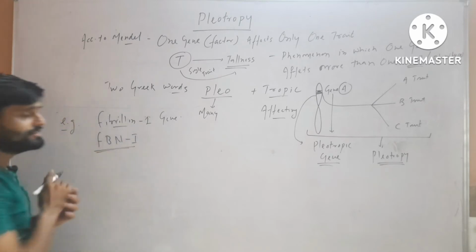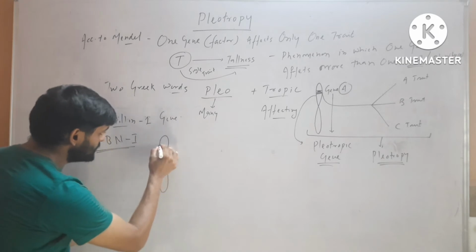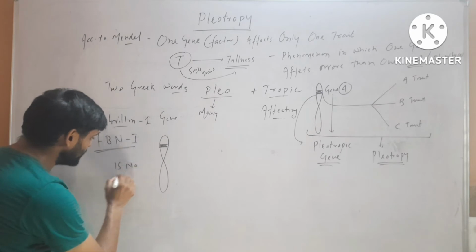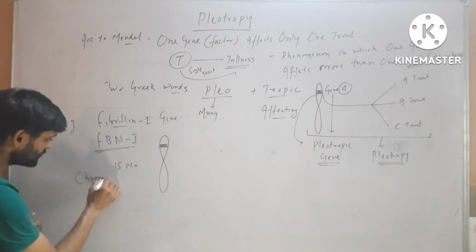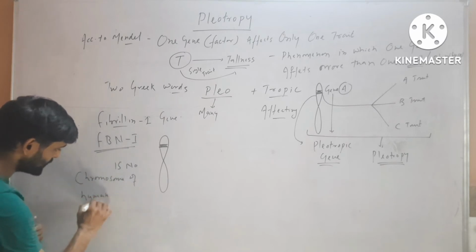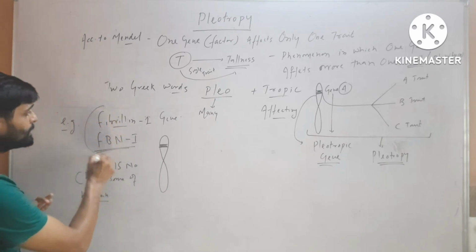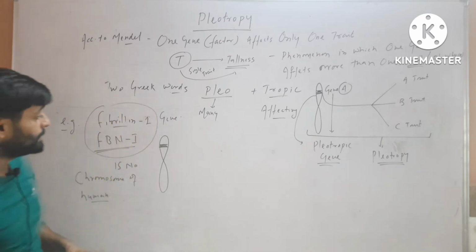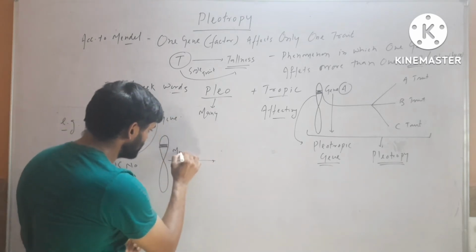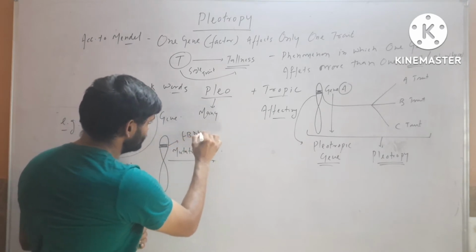So this fibrillin 1 gene is present in humans on chromosome 15.